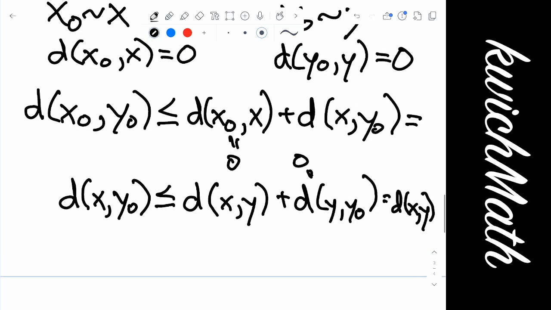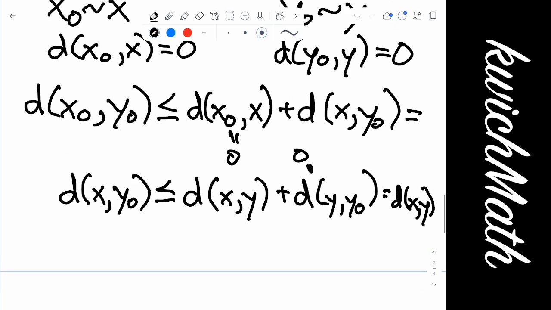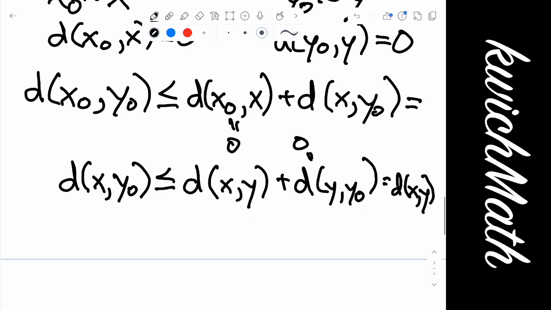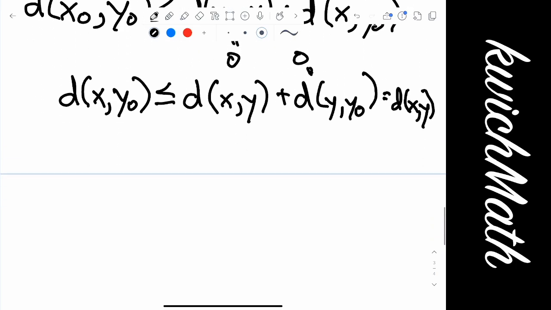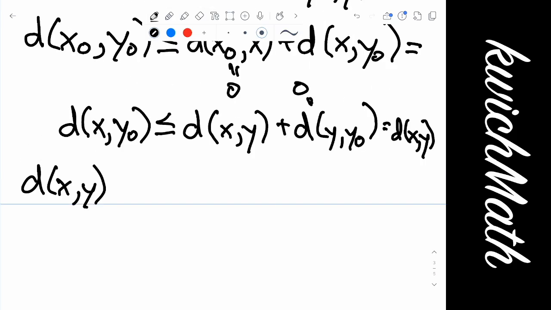All right. So what we've achieved is one inequality. If we can establish the opposite inequality, then we will have that these two distances are in fact equal. So we do the exact same strategy. This time we start with x and y instead of x0 and y0.